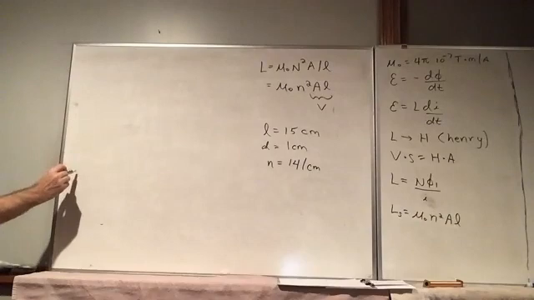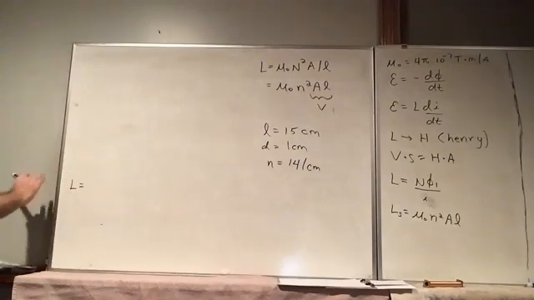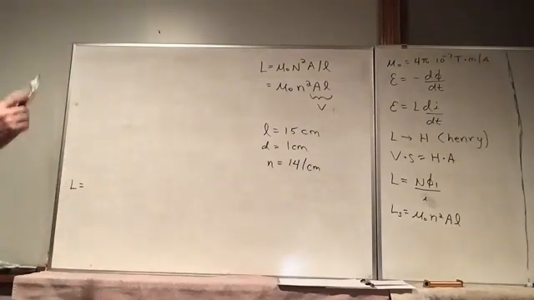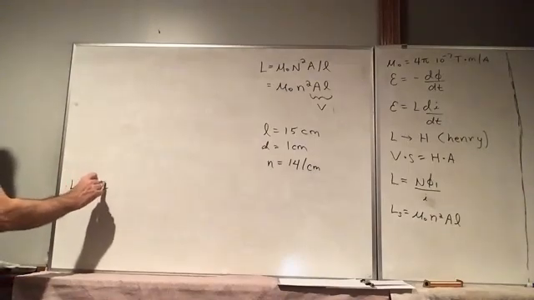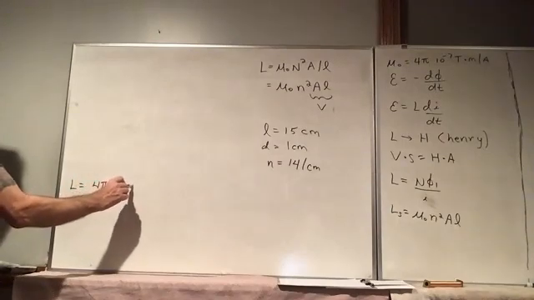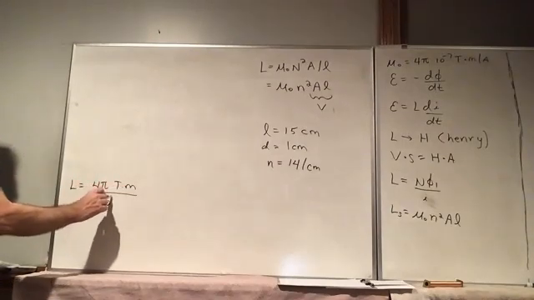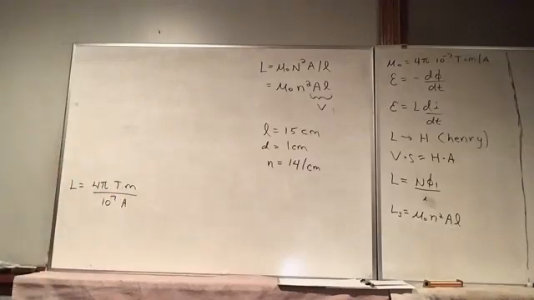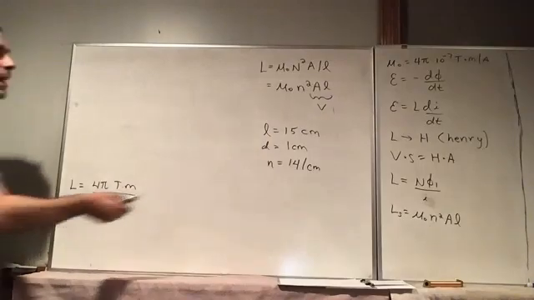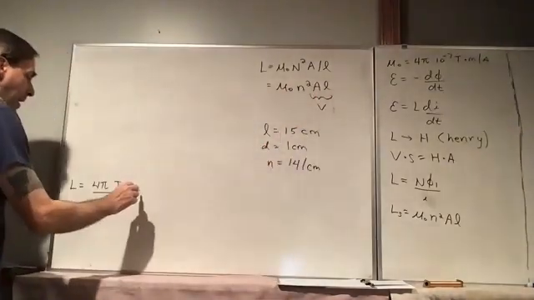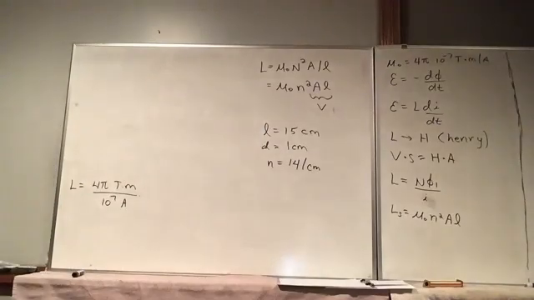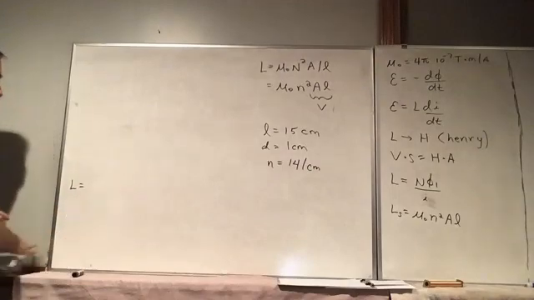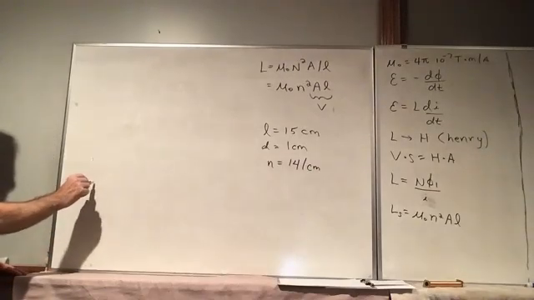So the inductance, I'm going to write it here in case I need the whole board going across. I'm going to write it this way: 4 pi over 10 to the 7 Tesla meters per amp, because the area is going to have a pi as well. Actually, we're going to be multiplying by that, so never mind.